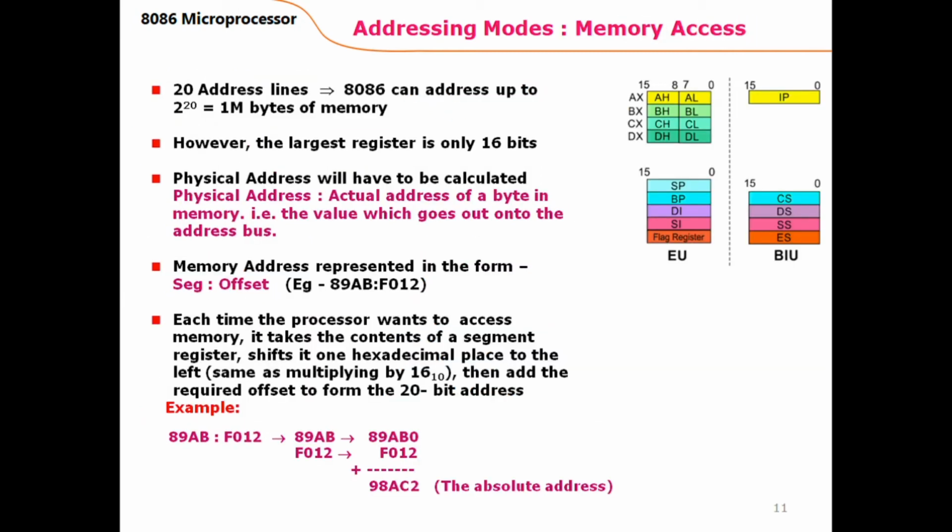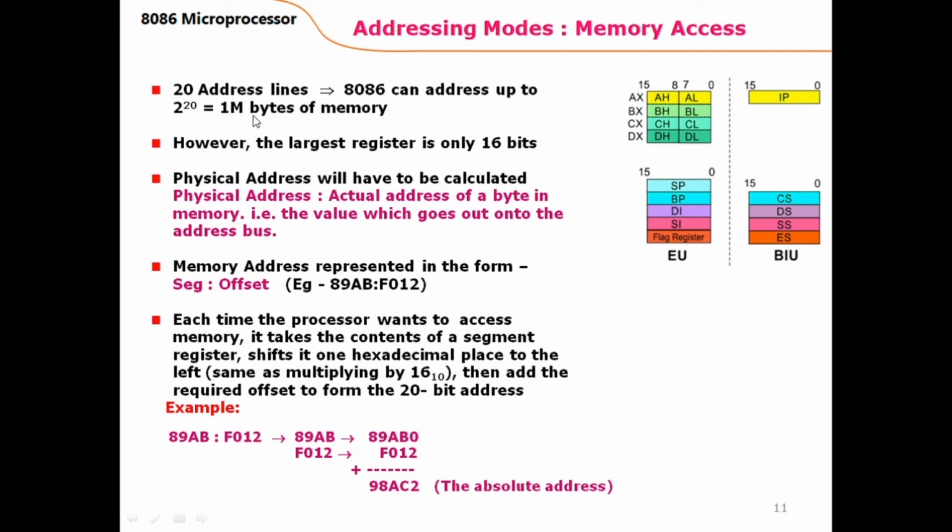In the second group of memory addressing modes, we need to understand how the physical address of the memory is calculated. In the 8086 microprocessor, there are 20 address lines, and these 20 address lines are sufficient to address 1 megabyte of memory.